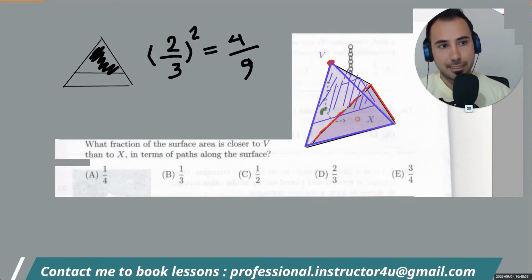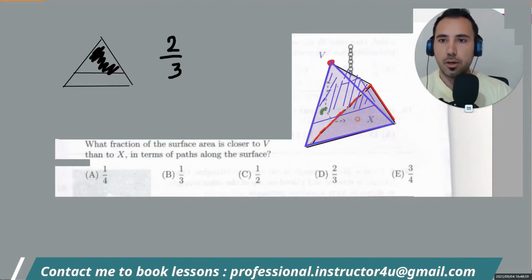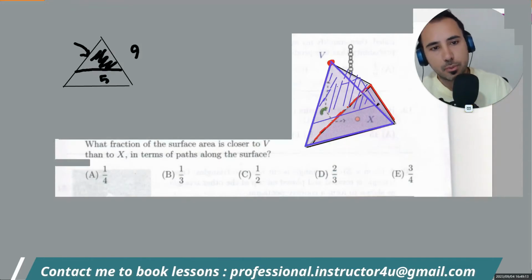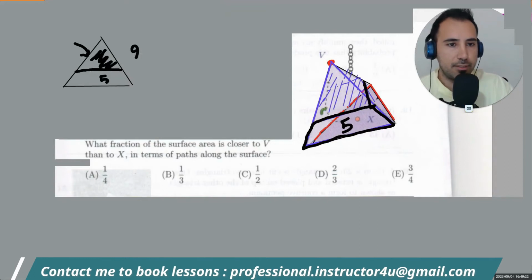Now, for simplicity, because it's a ratio question, we're going to assume that the area of each of these triangles is 9. The top part will be 4. The one that is below will be 5. So this is a 5, it will go to X. There's also another 5 here.